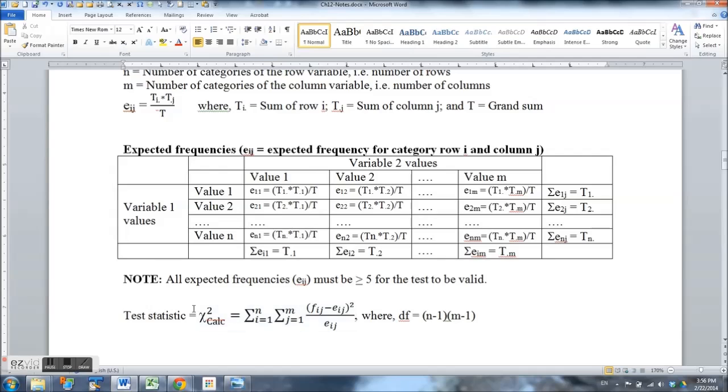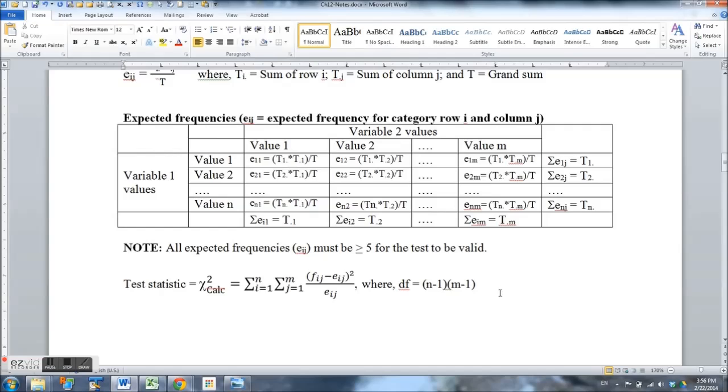Then you get chi-squared sub calc, our chi-squared test statistic, and the corresponding degrees of freedom is n minus 1, the number of rows minus 1, times the number of columns minus 1, or m minus 1. This chi-squared test statistic can be used in the CHISQ.DIST.RT function to find the p-value, with the degrees of freedom as given. Based on the p-value, we can then make a conclusion.